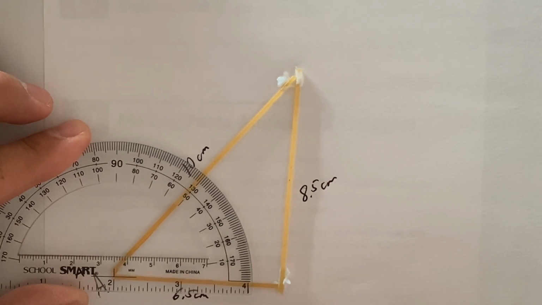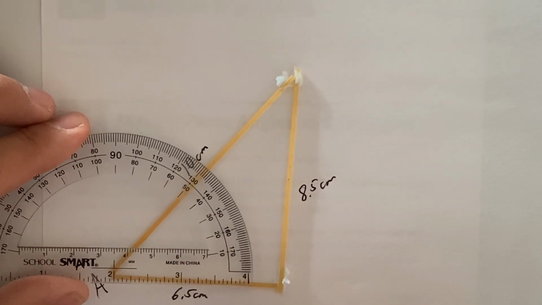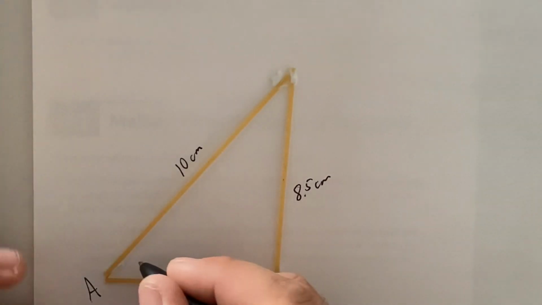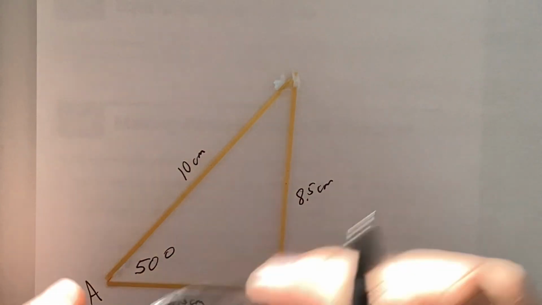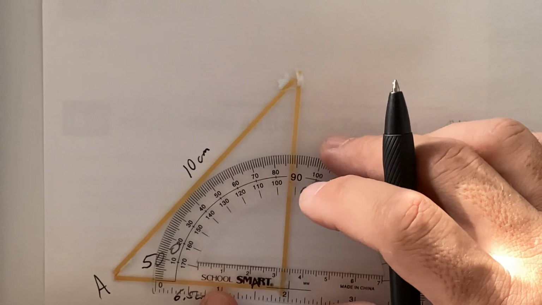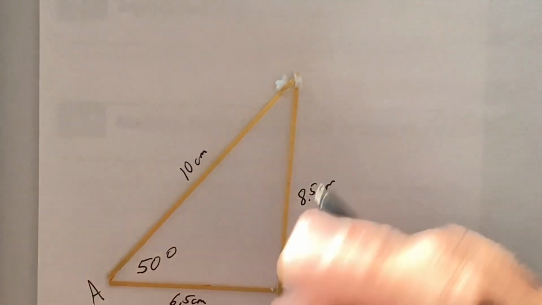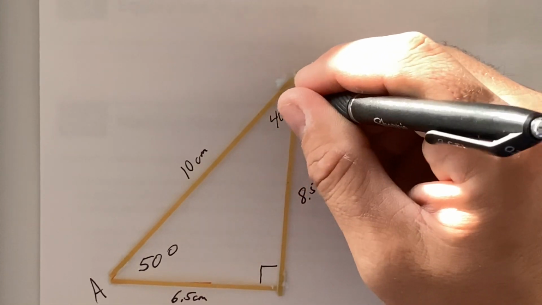So your angle A should be around 50 because we all should have the same angle no matter what. Okay, so I'm going to write 50 in there. Now everybody else's angles are going to be different. That looks to be 90 for me. That means this would be 40.